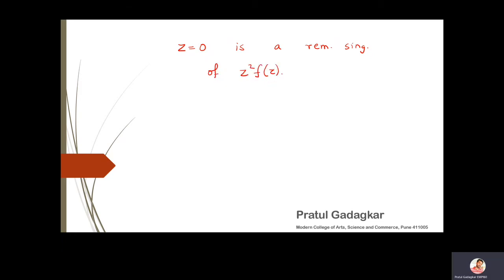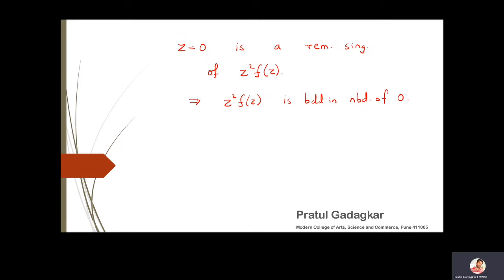Okay, and if the function has a removable singularity at a point, then this means that the function is bounded in that neighborhood. Is bounded in the neighborhood of 0, right?